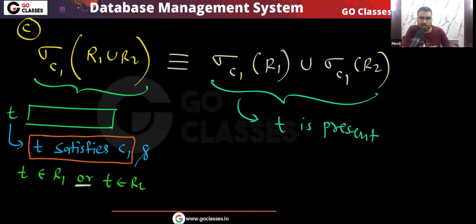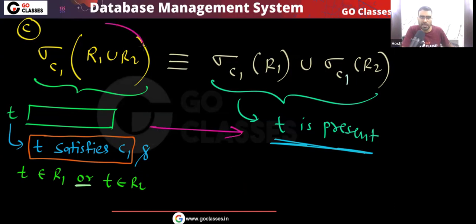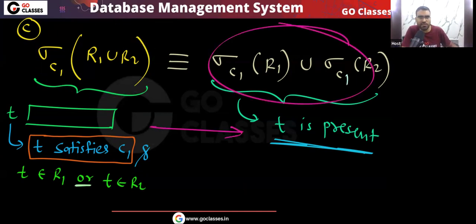Now, whether you take this case or this case, in both the cases we are taking union. So in whatever case you take, T will belong to this. Is this clear? Please tell me. So if a tuple belongs here, then definitely it will belong here.